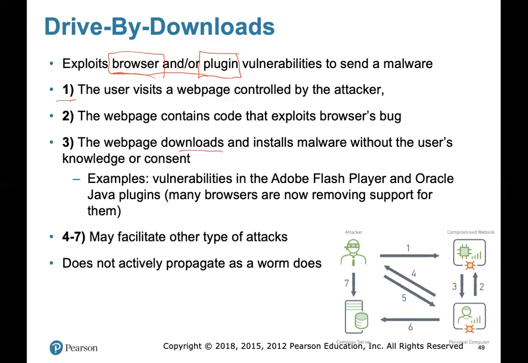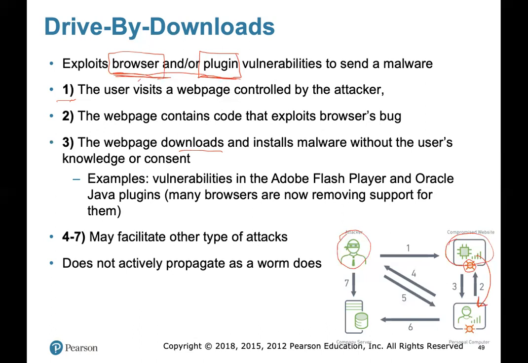Here, the first step is that the attacker compromises some website. This is a website which is compromised, and some injected or malicious code is in the website code. Then the attacker waits for the user to come and visit that website. And then vulnerabilities in the browser or the plugin will be used to automatically download that infected code into the user's computer.